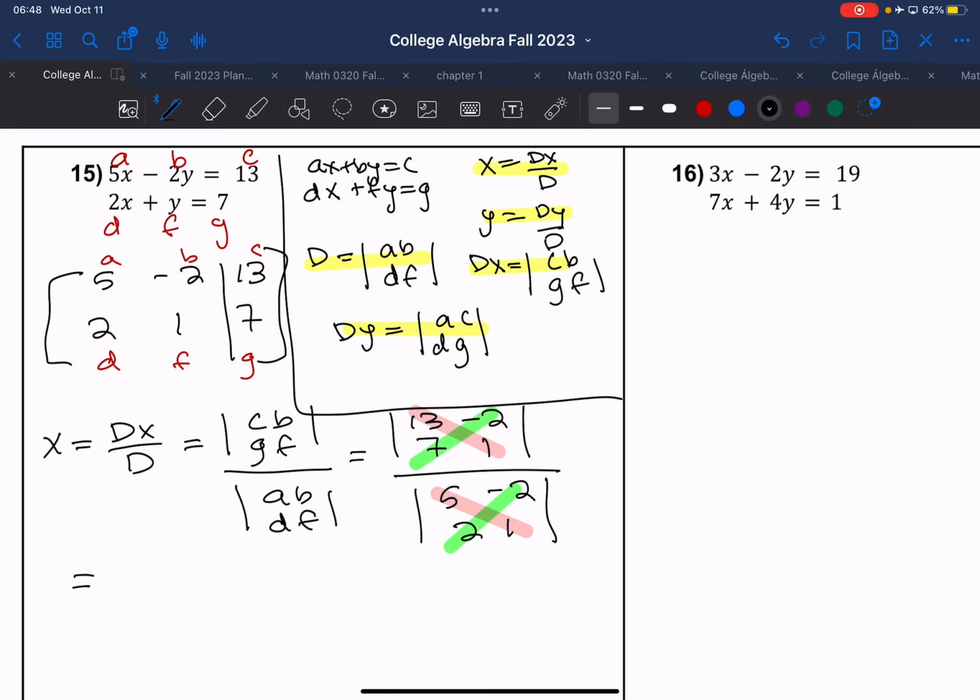So on the top part, on the first diagonal, we have 13 times 1. And then it's always minus, and then 7 times -2. That's on the top. On the bottom, we have 5 times 1 minus 2 times -2.